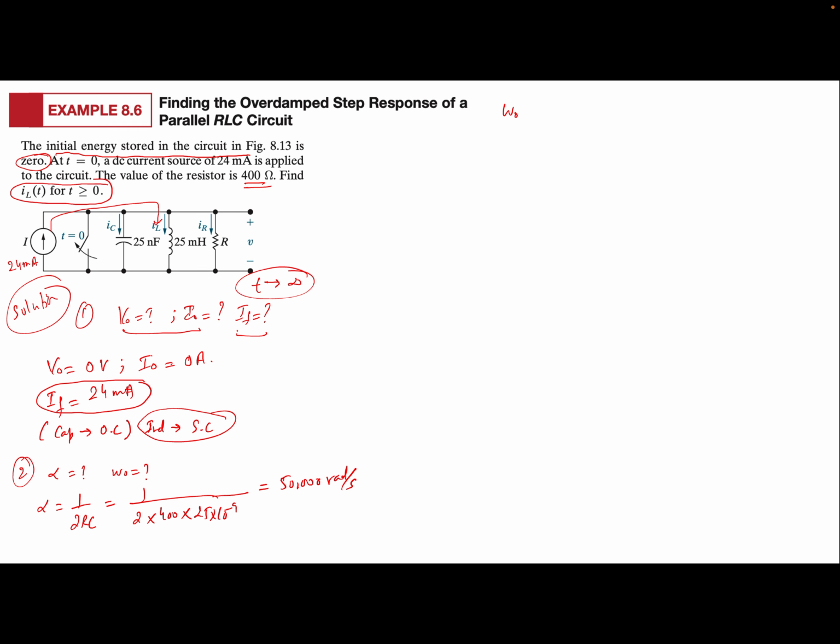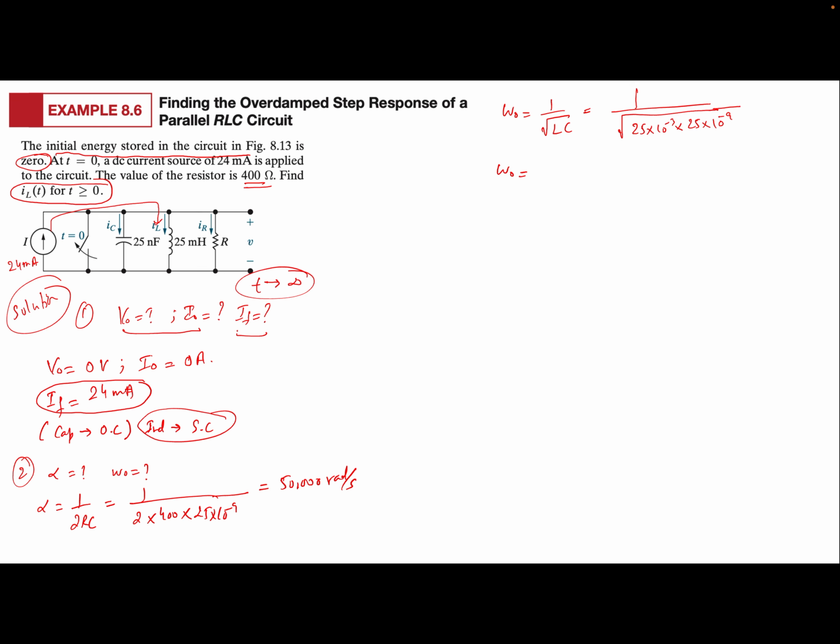Nice. Let's find the value of omega naught. Omega naught is 1 over the square root of LC, or the square root of inductance, 25 millihenry, times capacitance, again 25 nanofarad, that is 10 to the minus 9 farads.